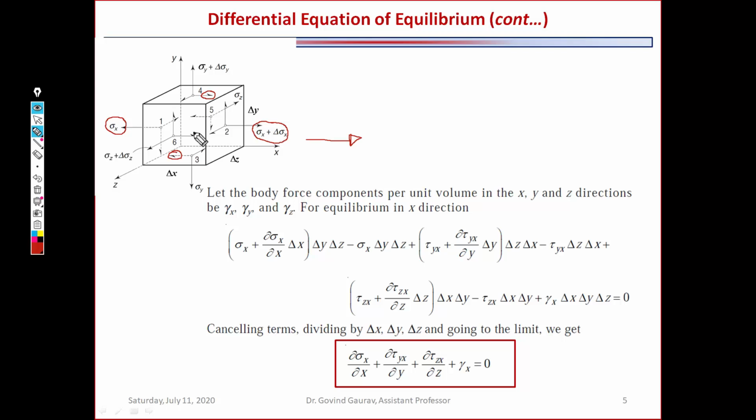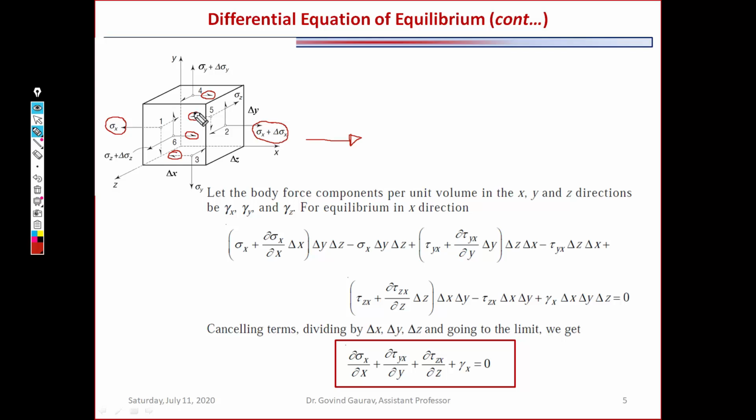Now on the z plane, this value of the stress is acting in the x direction, and this value of the stress is also acting in the x direction. So we know the various normal stresses and the shearing stresses.